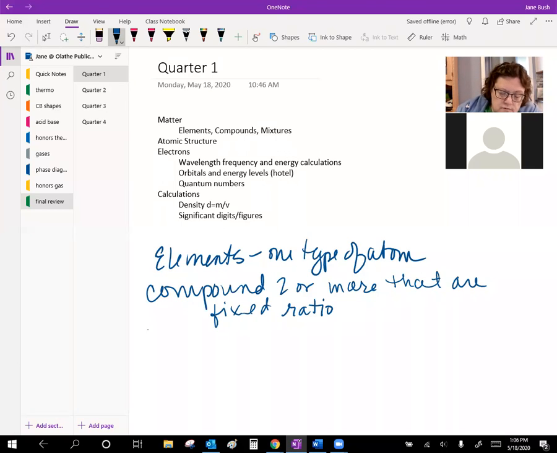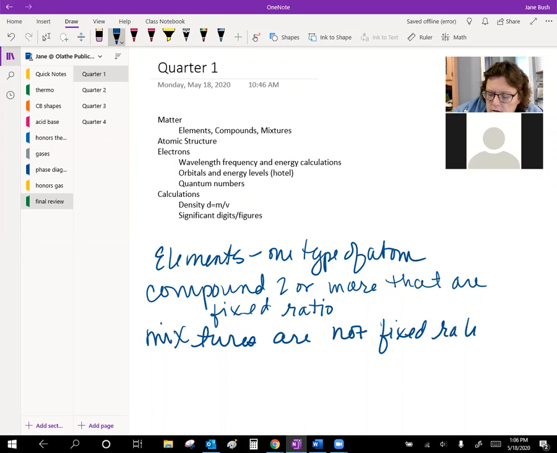And then mixtures, of course, hang on, I'm rearranging this, are not fixed. So if you want to separate an element, you can't, because it's only one thing.